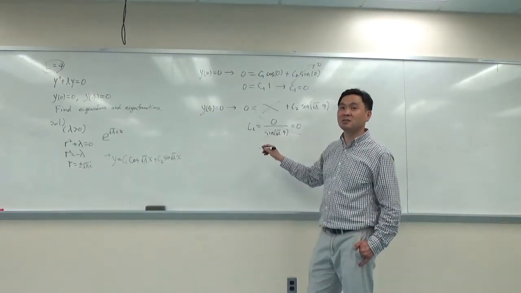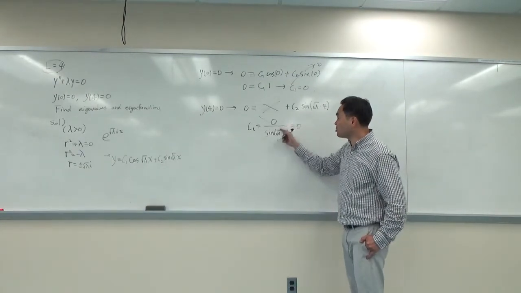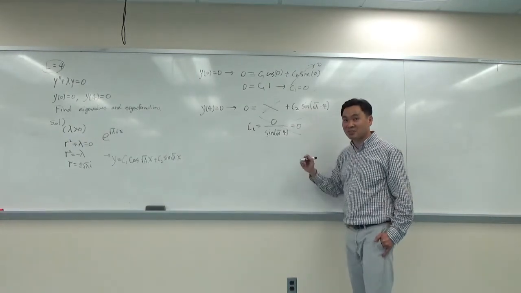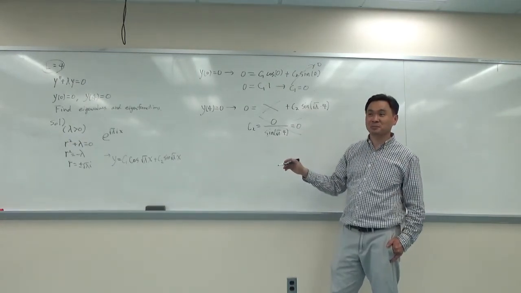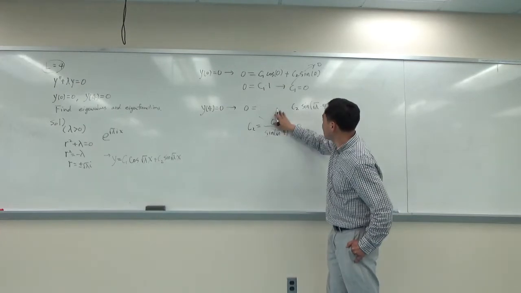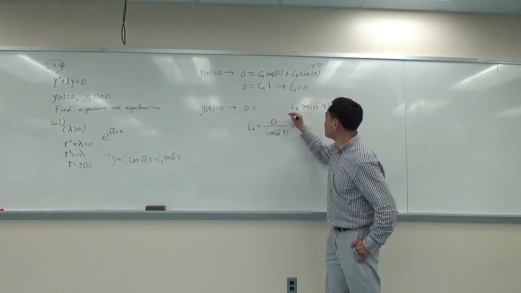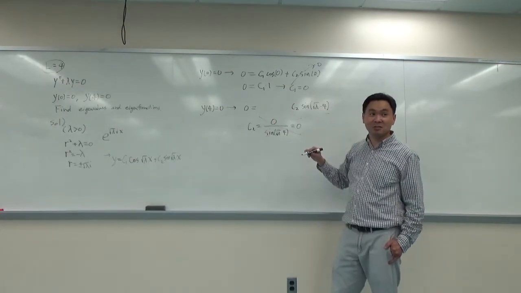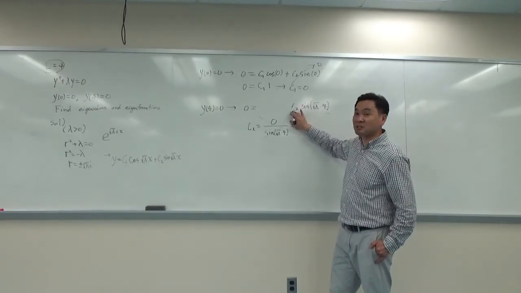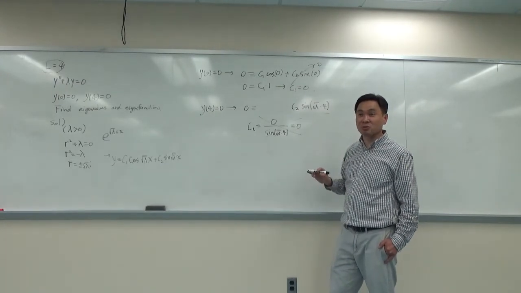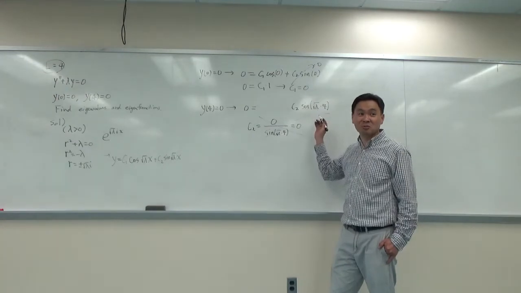No. The 0 should be here, and I need C2 to be not 0. Then the other one has to be 0, right?